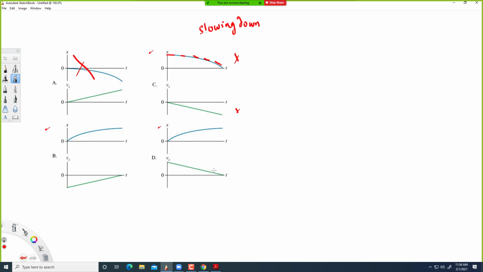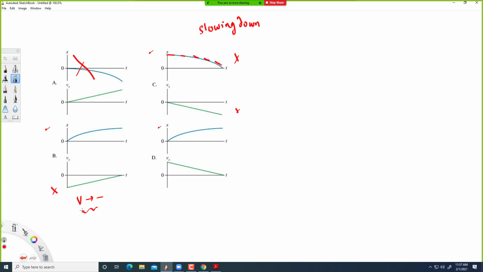How about this one? The velocity is decreasing. Yeah, so this also cannot be true because you have a negative velocity here. Something below 0 means V is negative.